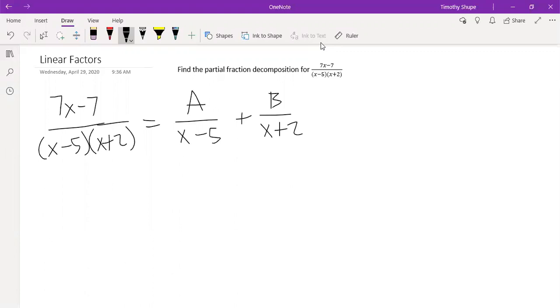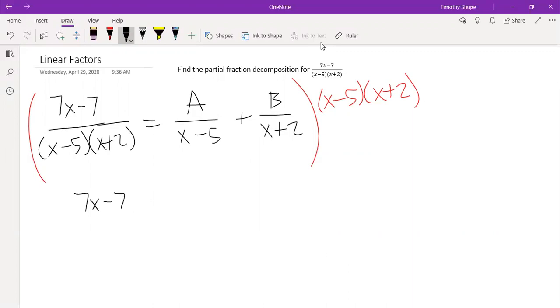So what we're going to do is take this entire thing and multiply it by the original denominator, which was the x minus 5 and the x plus 2. In doing this, we're clearing out the denominator so that we don't have any fractions anymore. If I take the x minus 5 and the x plus 2 and multiply it to that first fraction, both of those factors are going to cancel out, and I just get the 7x minus 7.